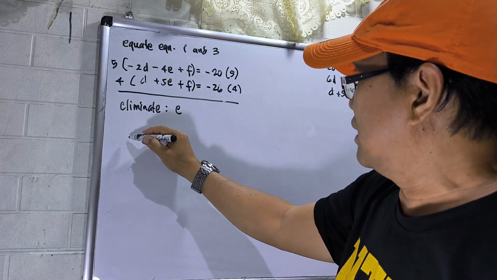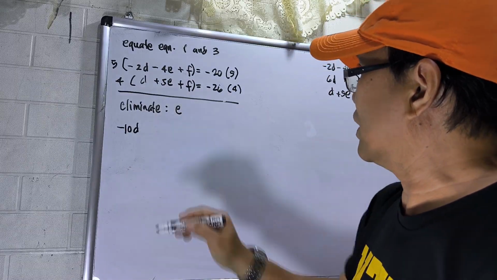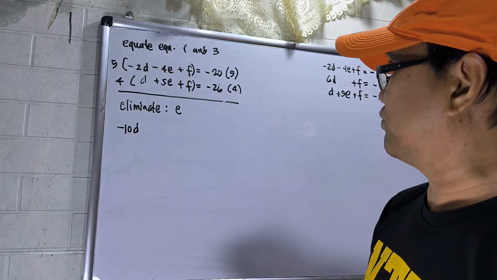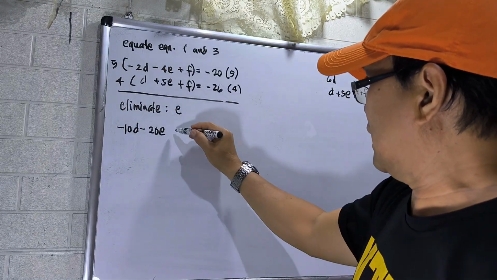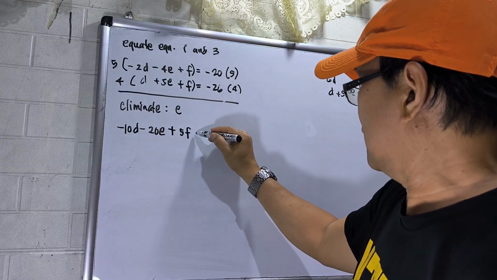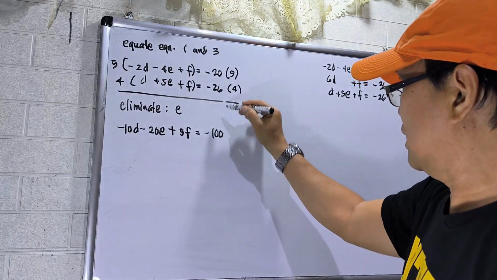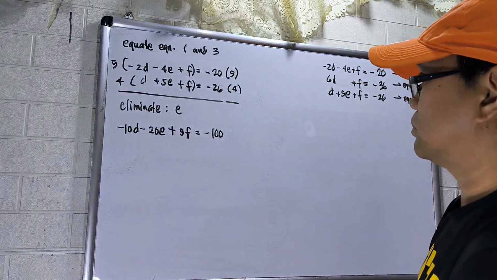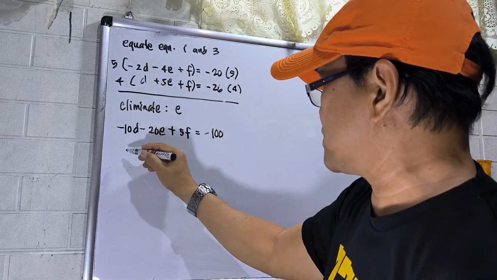So this will be 5 times negative 2d, that is negative 10d. Then 5 times negative 4e, that is negative 20e. Then plus 5 times f, that is 5f. Then this will be equal to negative 100. Negative 20 times 5. Then to the next, the third equation. So this will be 4 times d is 4d.